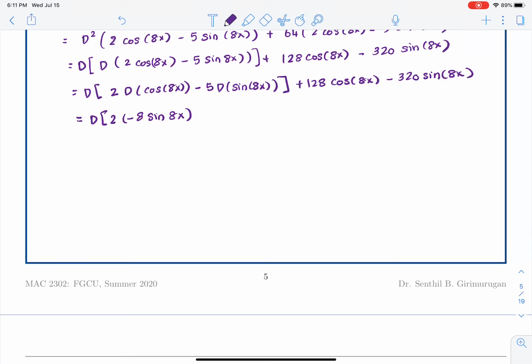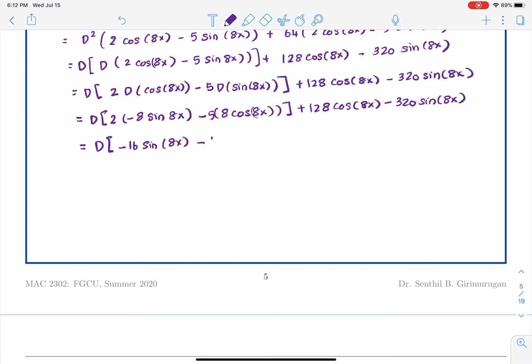The derivative of sine 8x is 8 cosine 8x. So negative 16 sine 8x, negative 40 cosine 8x, plus 128 cosine 8x, minus 320 sine 8x.